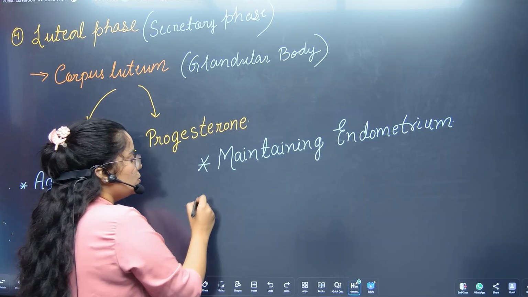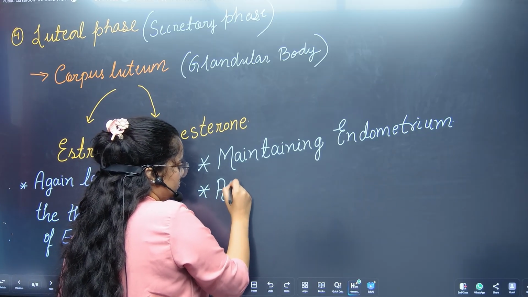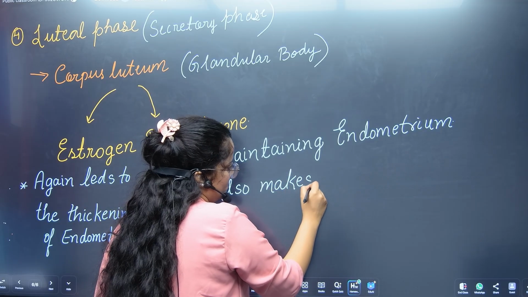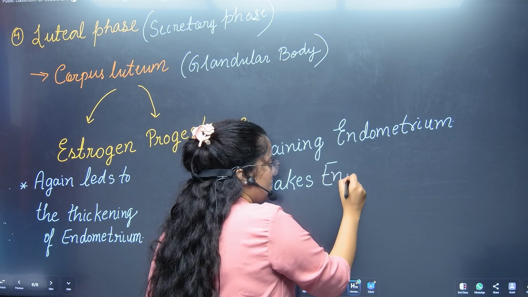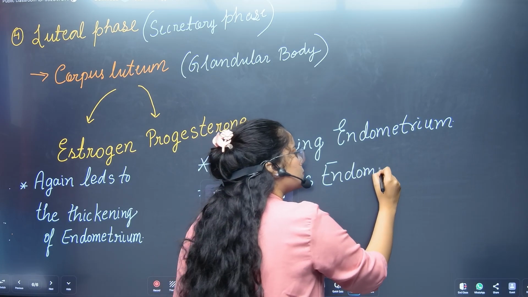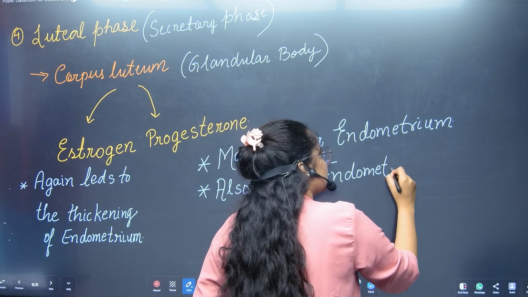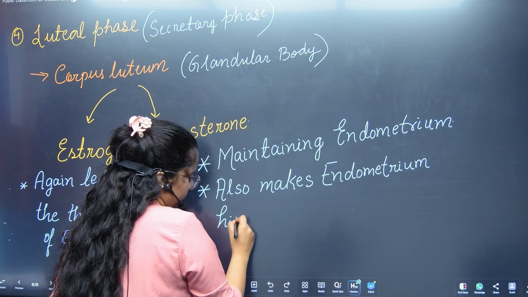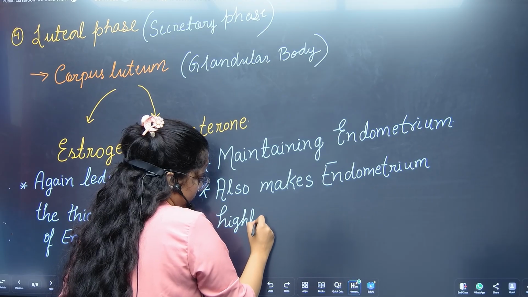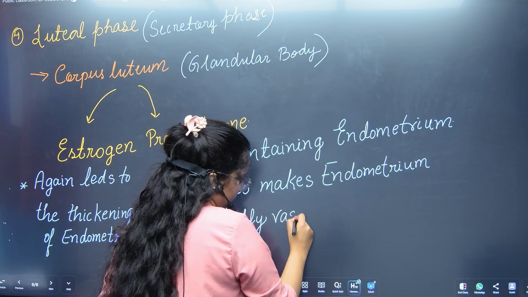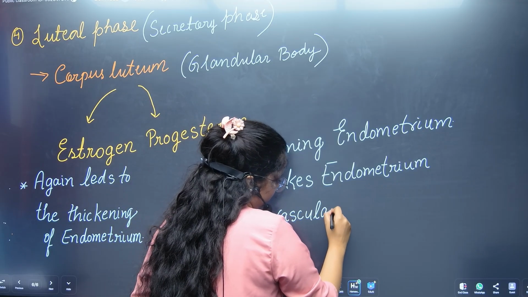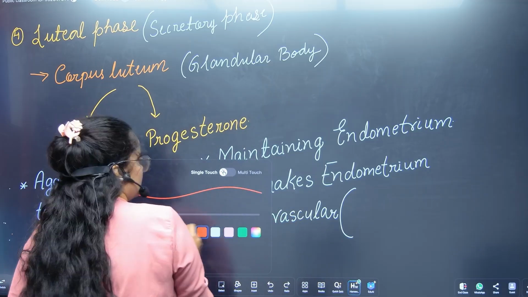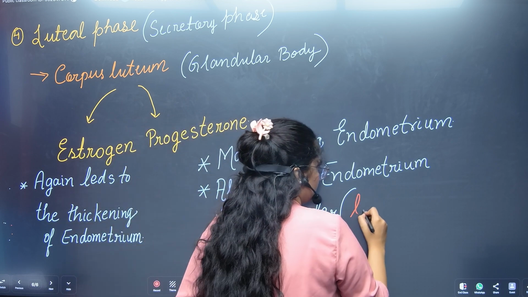This progesterone also makes the endometrium highly vascular, due to the formation of a large number of blood vessels.